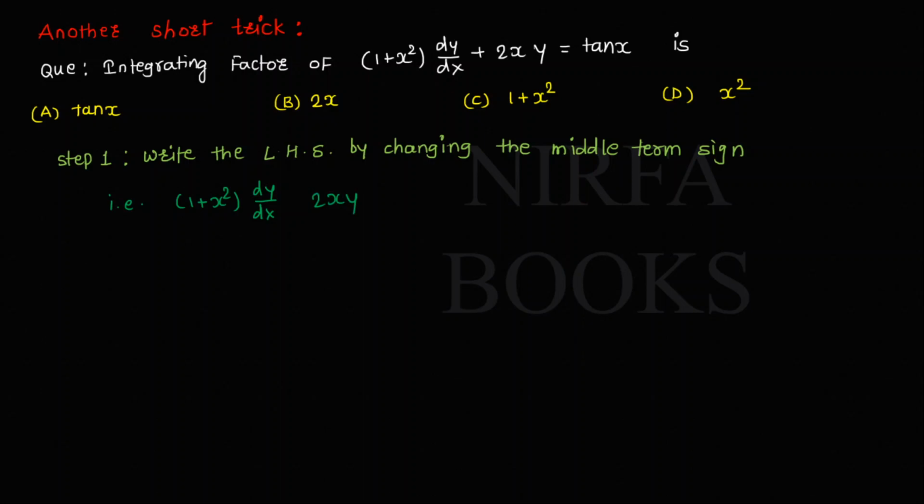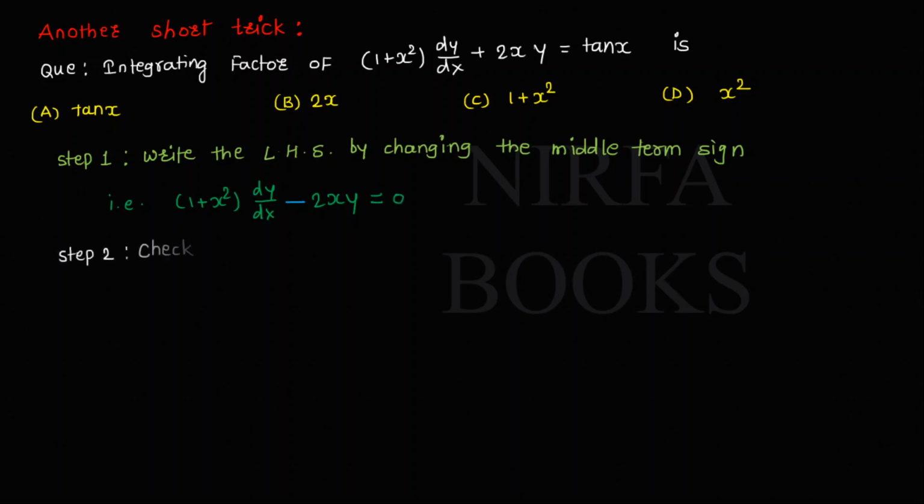The second term is 2xy, original middle term is plus, and now I am changing that into minus. Now equate these two terms with 0.